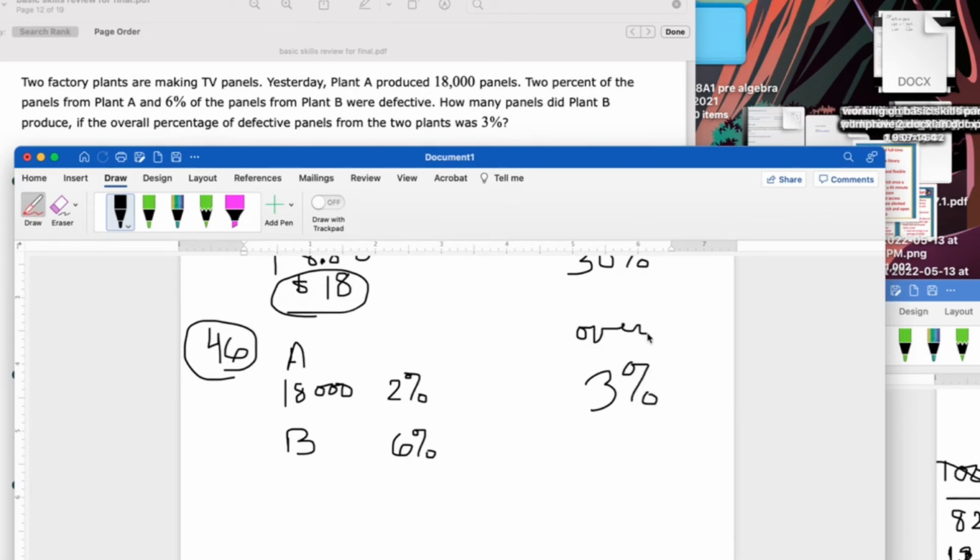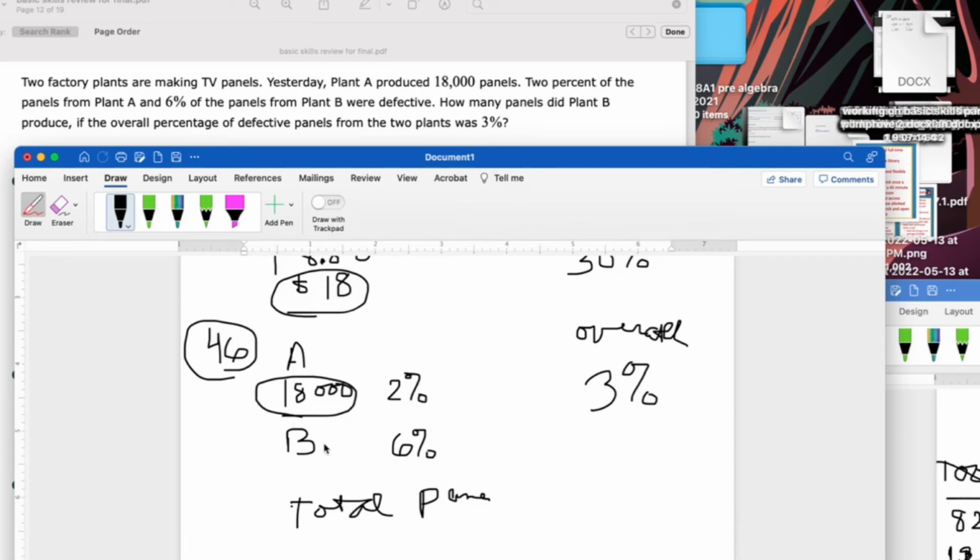So this is overall defective. Now, we've got a couple of things we don't know. 2 factory plants are making TV panels. We don't know the total of the panels. We know plant A produced 18,000 and 2% of them were defective.